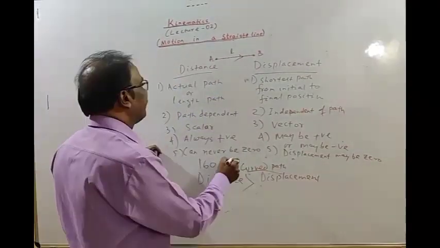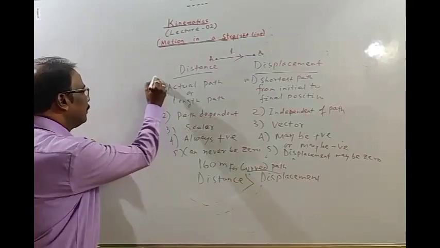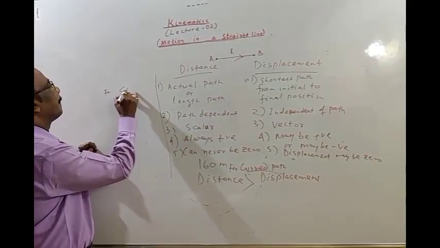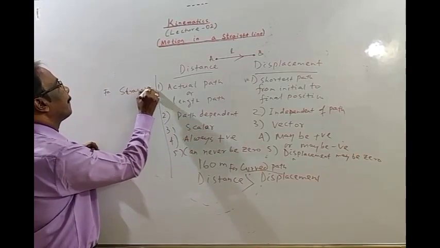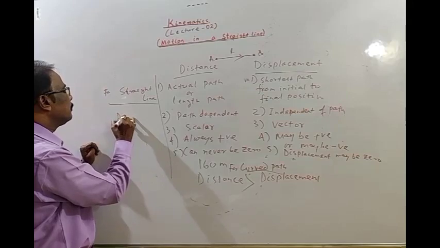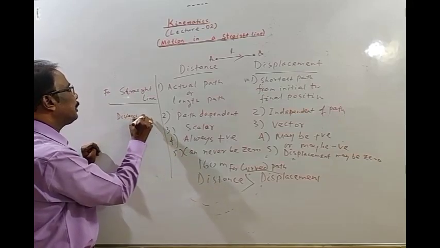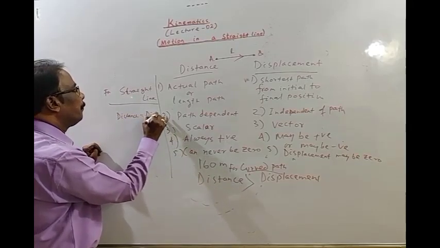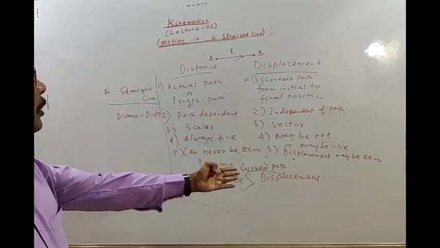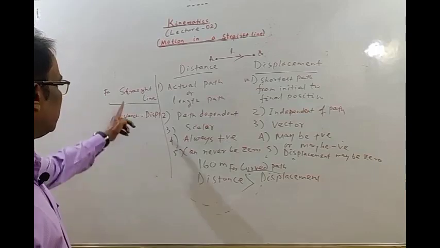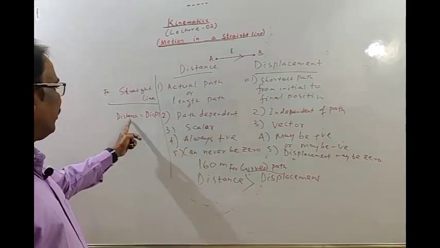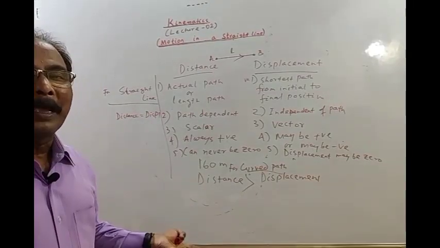So if a body moves along a straight line, distance is equal to the magnitude of displacement. So for a curved path, distance is more than the magnitude of displacement. For a straight line, if a body actually moves along a straight line, then distance is equal to the magnitude of displacement.